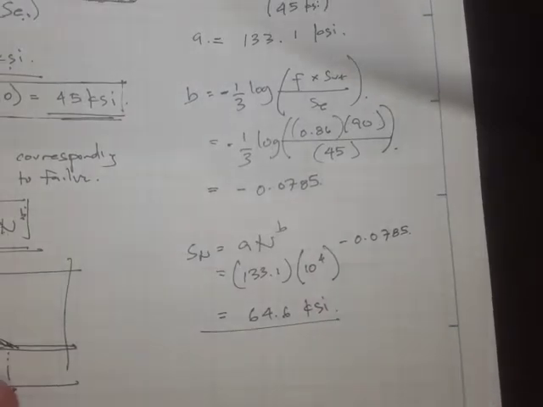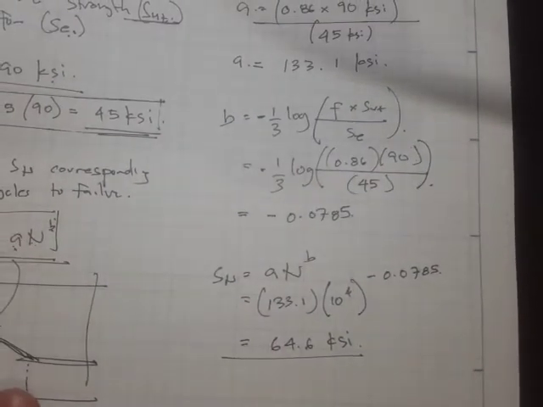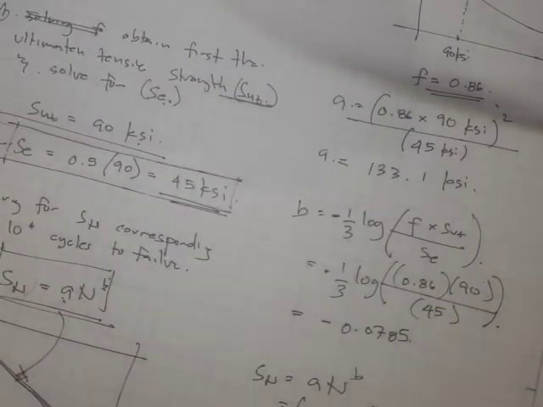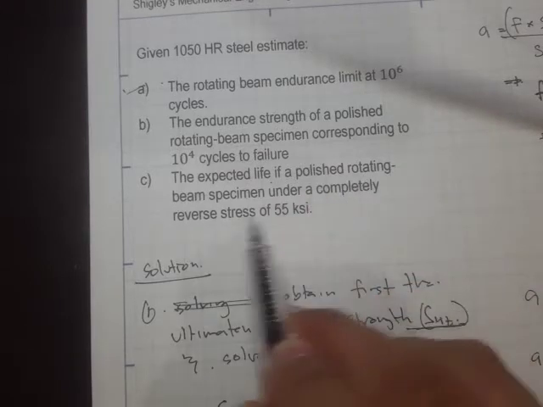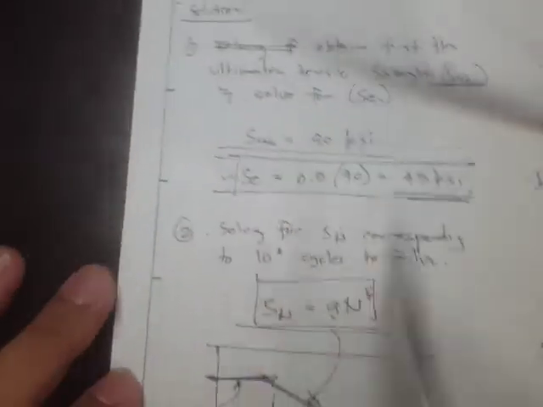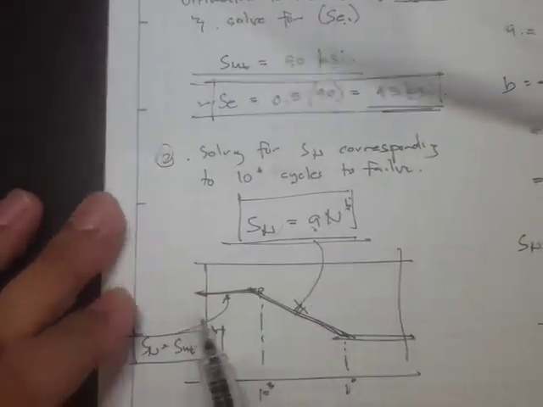Okay, so that's it. And for letter C, we are to compute the expected life of a polished rotating beam specimen under a completely reversed stress of 55 KSI. So this is like if for letter B, we are to estimate, or let me draw it here. So it's like this.